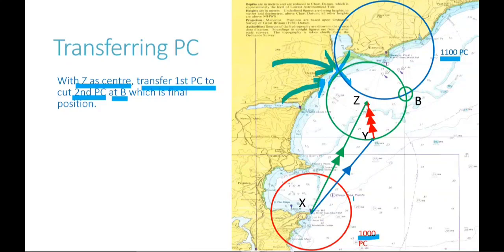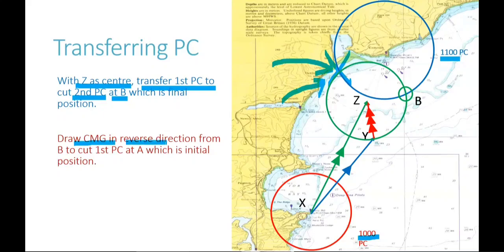So if we also want the 1000 hours position, what will we do? We have the course made good green color vector available to us now. If we apply this same vector at B in the reverse direction, then this vector will take us to a position on the red color circle, or 1000 position circle. So let's apply it.